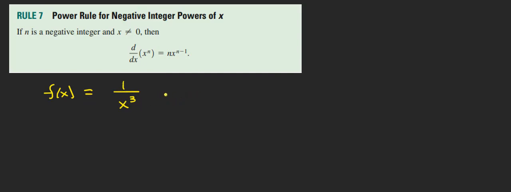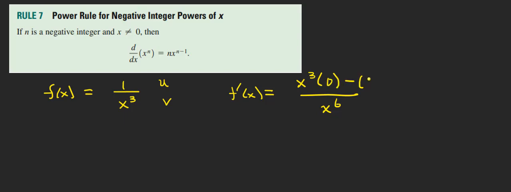Some of you might want to use the quotient rule, saying that u is 1 and v is x cubed. You could do that. You could say that f prime of x is the denominator squared, which is x to the 6, and the denominator times the derivative of the numerator, which is 0, minus the numerator times the derivative of the denominator, which is 3x squared.